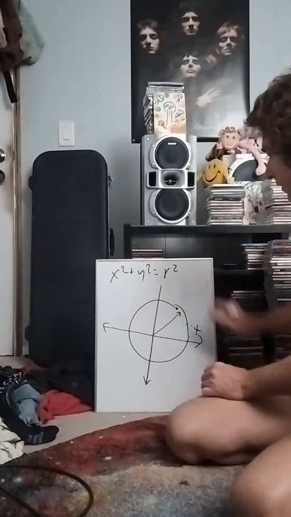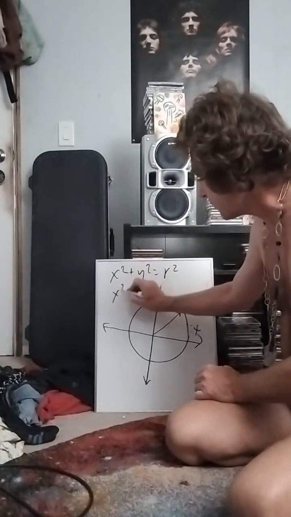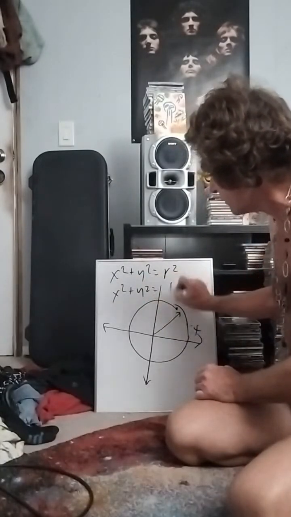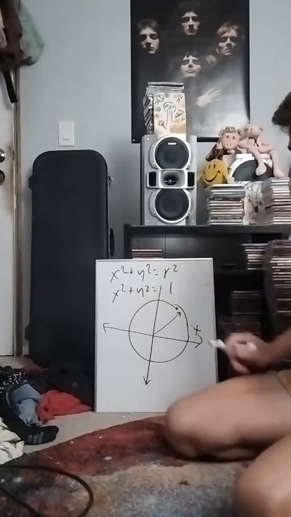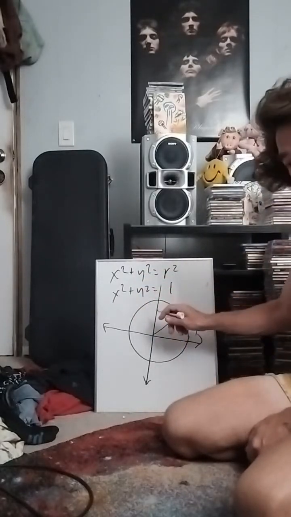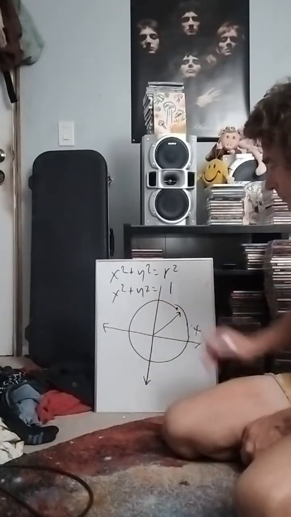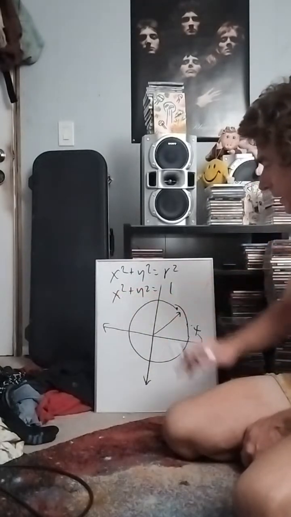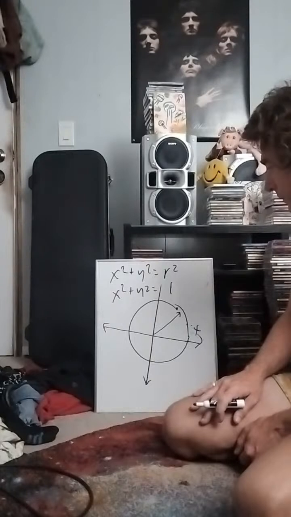If r is 1, then you have x squared plus y squared equals 1, which is the equation of a unit circle, a circle of radius 1 around a plane, not an airplane, but a flat surface.